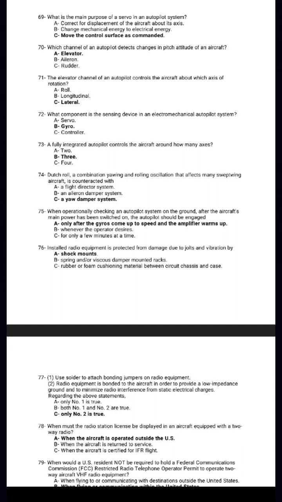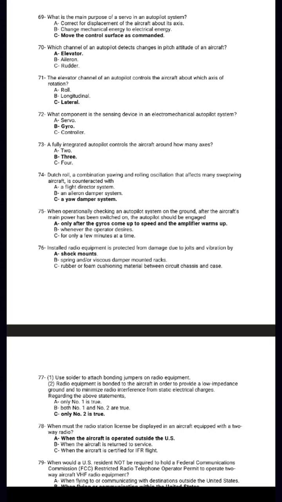So this one is one of those questions: 1 and 2, which one is true? Use solder to attach bonding jumpers to radio equipment. That doesn't sound too correct. Radio equipment is bonded to the aircraft in order to provide a low impedance ground and to minimize radio interference from static electrical charges.